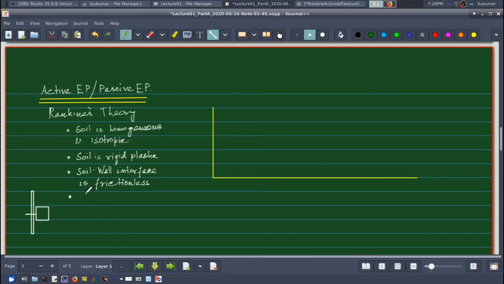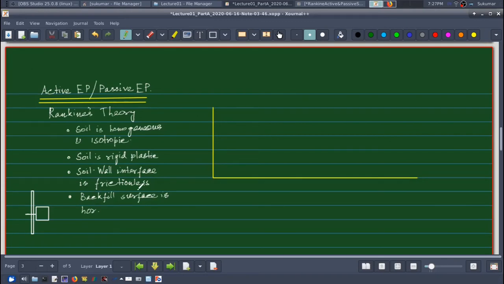Similarly, he also assumed that the backfill surface is horizontal, so that it is again free from any shear stress. So these are some important assumptions of Rankine's theory.